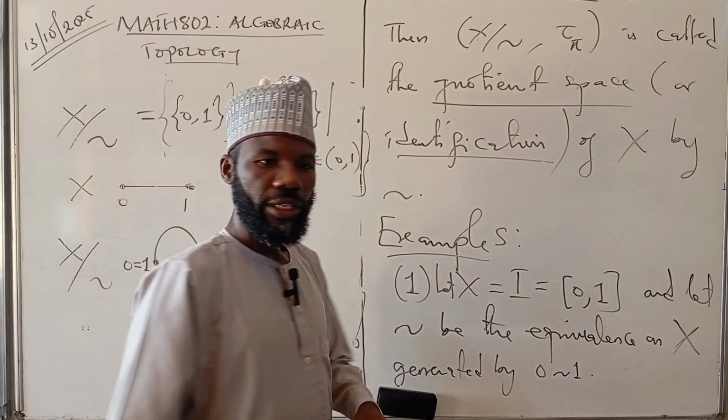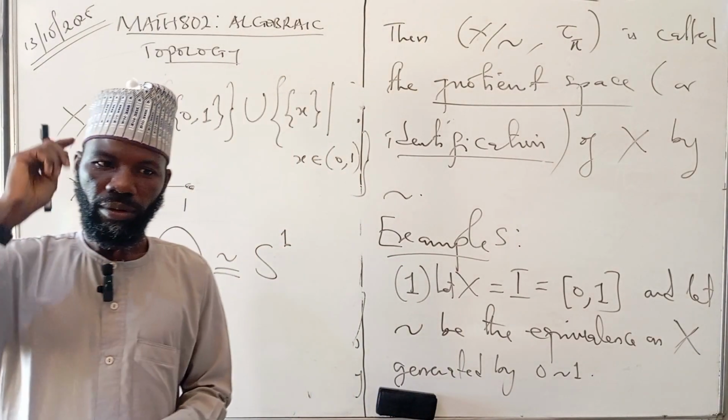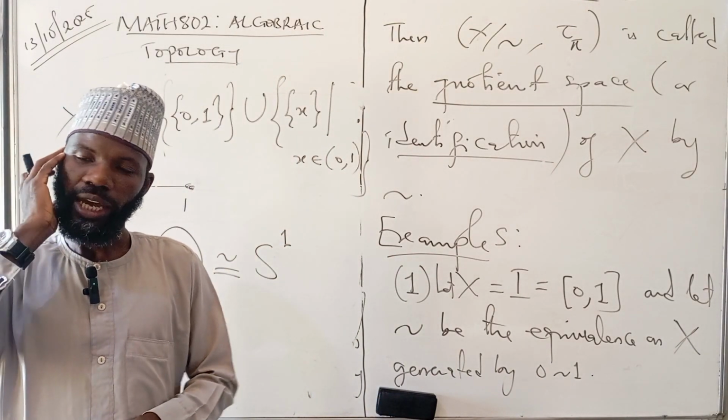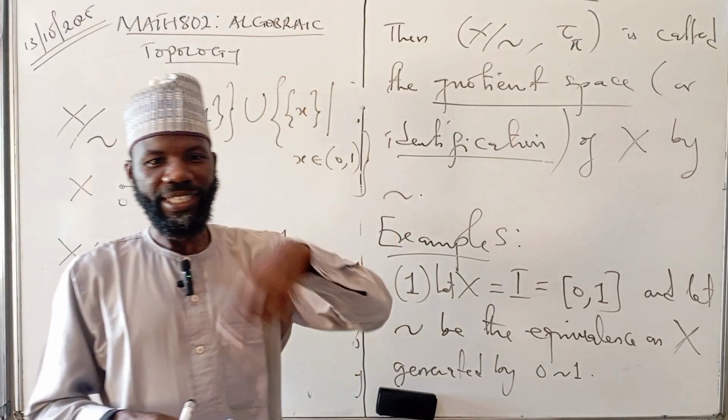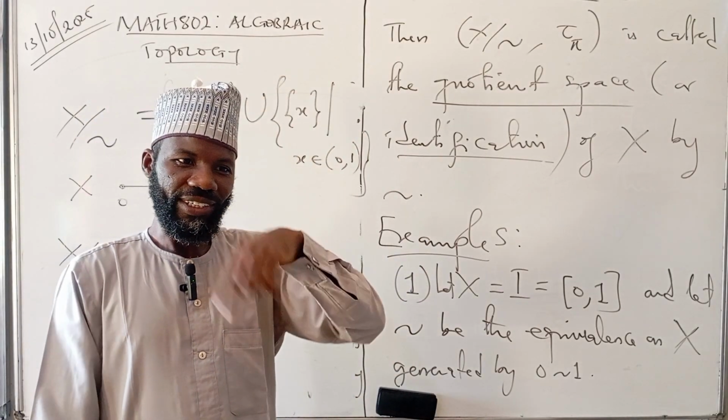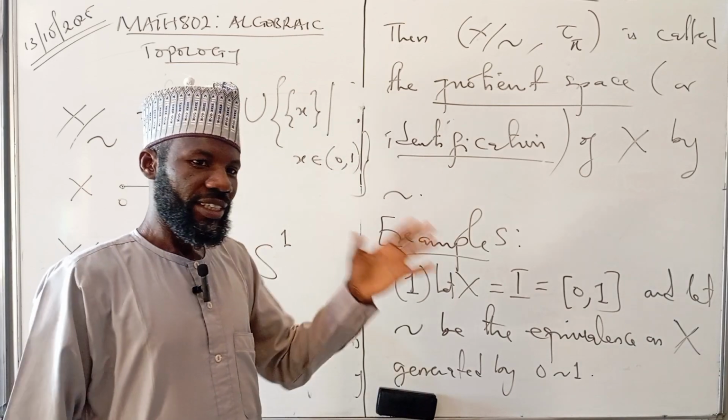Okay? Do you remember the other way? How do you think of a cycle before? As the boundary of a disk, a disk of 2 dimensions.